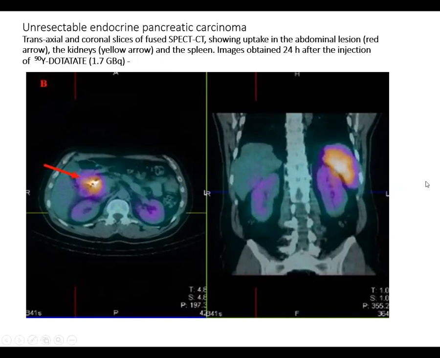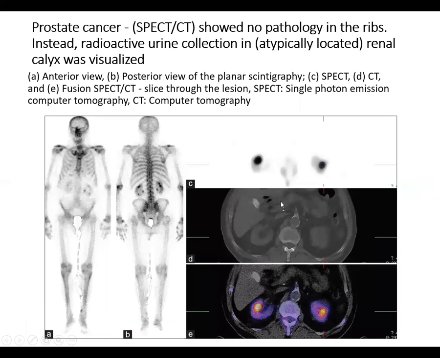Images obtained 24 hours after the injection of yttrium-90 DOTATOC, total activity 1.7 gigabecquerels. Here we can see another example of the fused image between the computed tomography, which is gray, and colorful functional imaging.